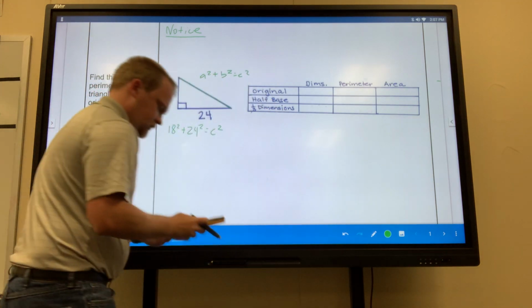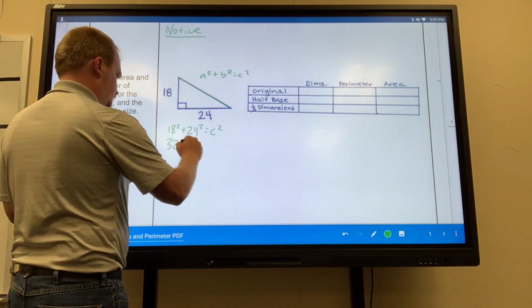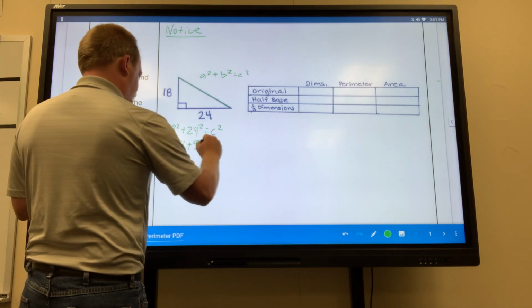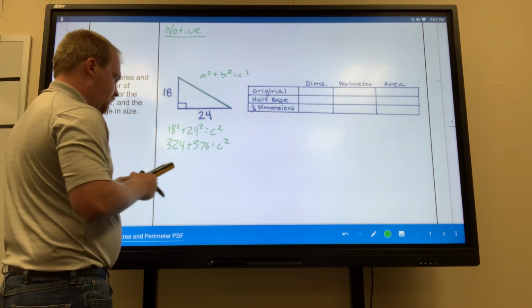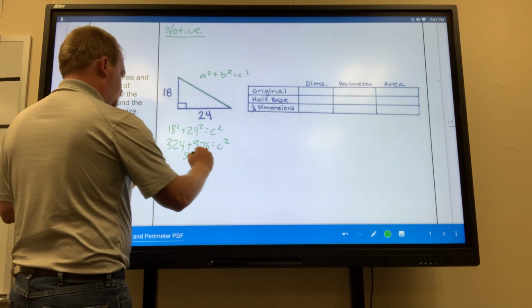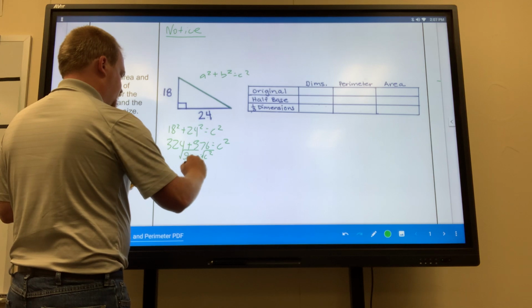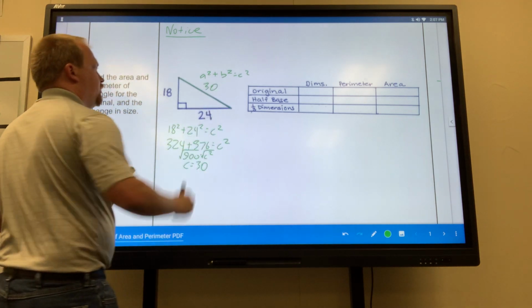All right. 18 squared is 324. 24 squared is 576. I want to add these two up to give me 900. Square root it. C equals 30. So this is a length of 30 right there.